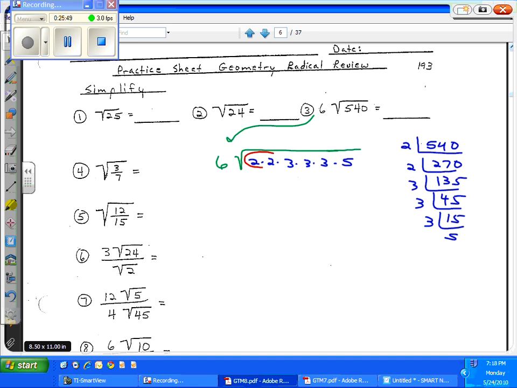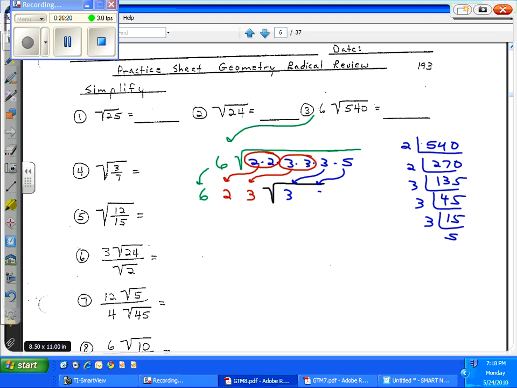We're going to circle sets of 2 because it's square roots. We have a set of two 2s and a set of two 3s. And then we're going to make a new radical. That 6 was already out there, so it stays out there. From that set of 2's, we bring out one 2 from the set. From the set of 3's, we bring out one 3 from the set.